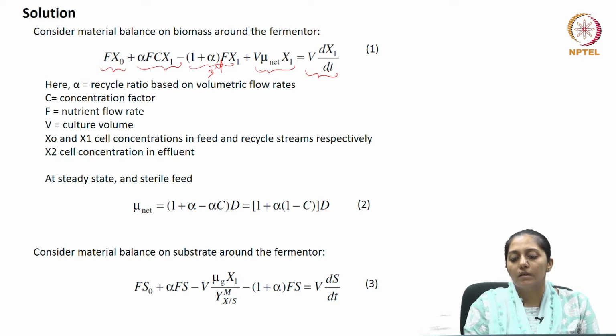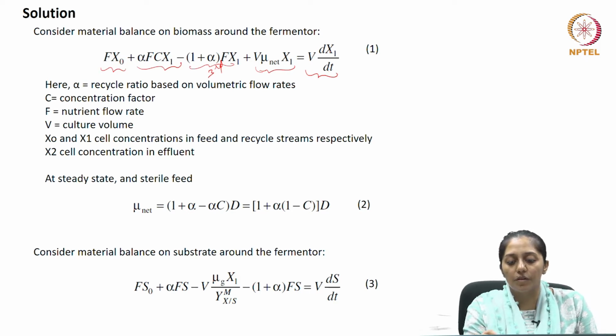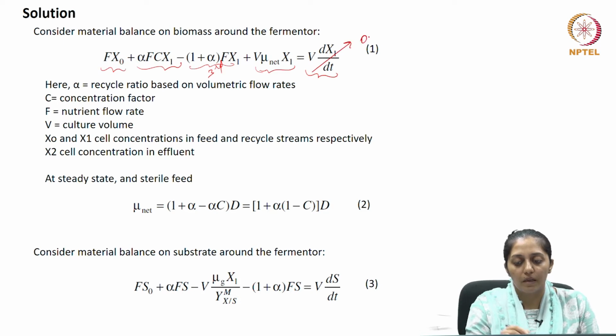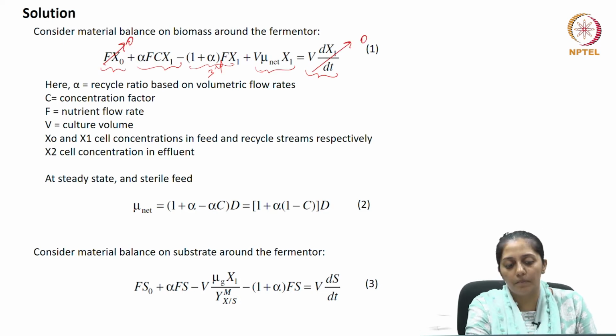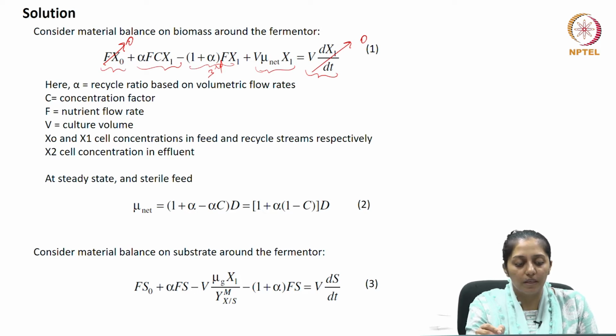Now, because X stands for concentration and it is a chemostat, the volume is constant, which has been brought outside. For steady state, the accumulation will become 0 for the biomass. The biomass concentration in the feed can be assumed to be 0. If you do the rearrangement and assume there is no endogenous metabolism present, then mu net is nothing but your mu.